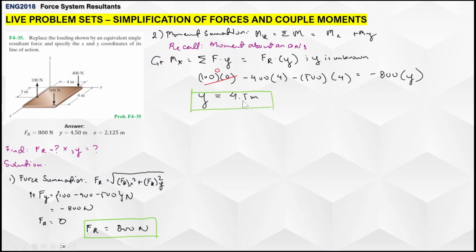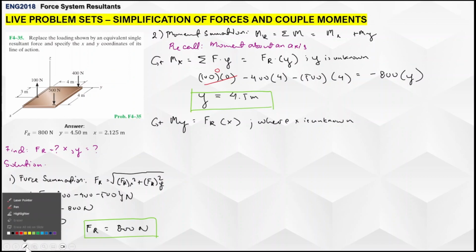Already have that. Next up is solving My, where the moment about the y-axis is equal to the force resultant times its perpendicular distance, which conveniently lies along the x-axis. So just to draw it up before we continue, it should be around here. We already know FR. We just don't know where it is lying relative to its coordinates.